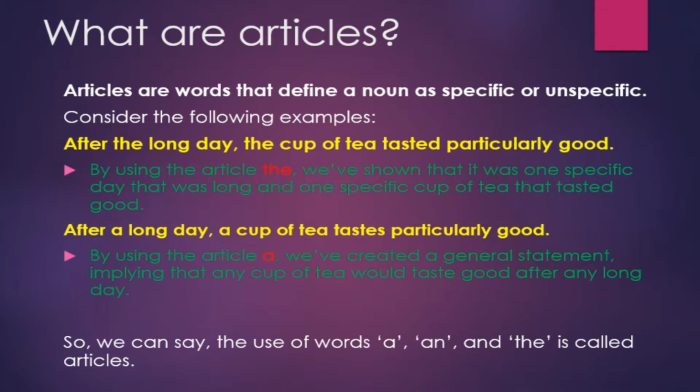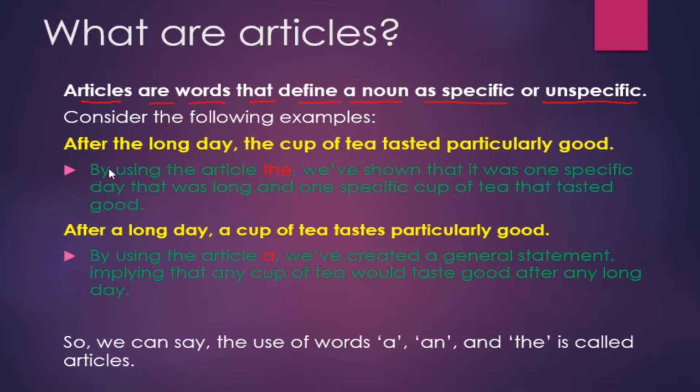Whenever I asked my students, they said A and B. A and B is article. Okay, the definition should be like this: articles are words that define a noun as specific or unspecific.